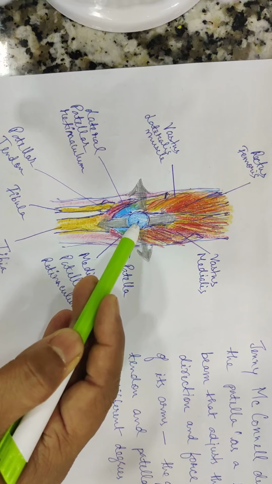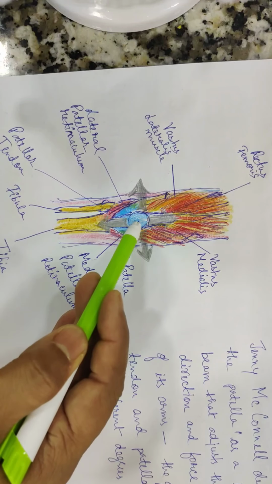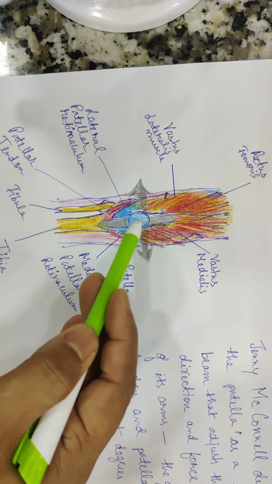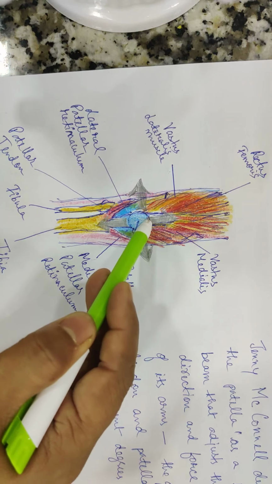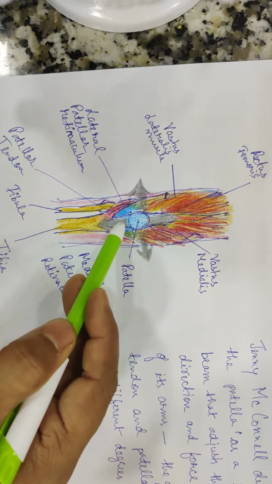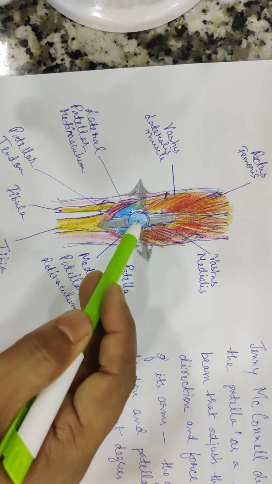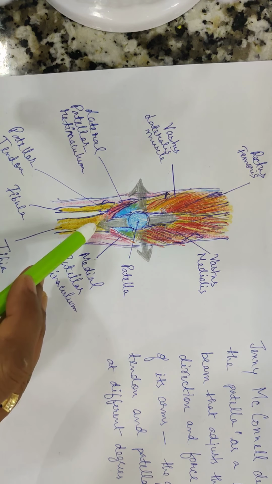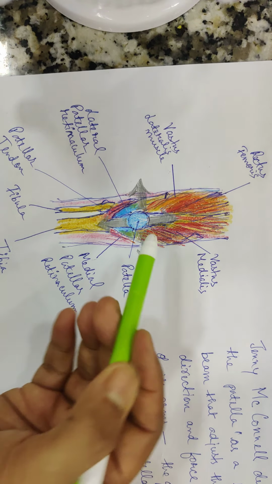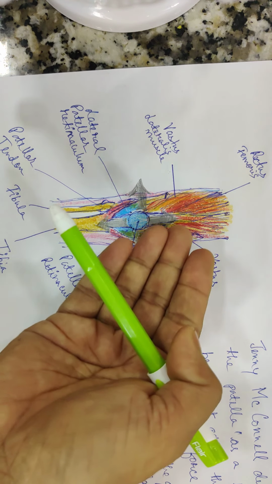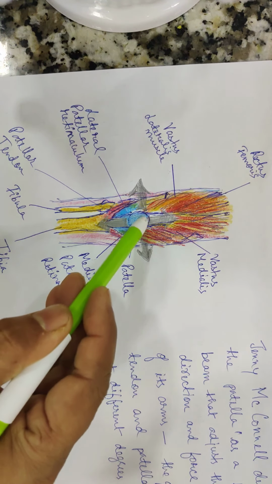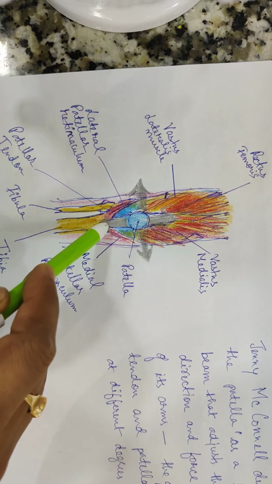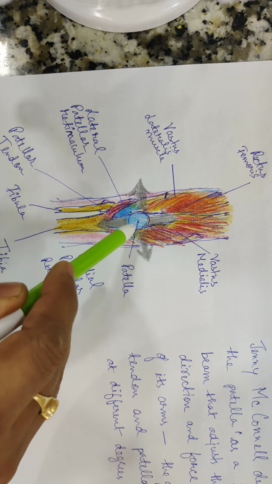The patella is a sesamoid bone that floats over this joint, and it runs down as the quadriceps tendon, and then as the patellar tendon and inserts into the tibial tuberosity here. So if we take this out, then you can see inside the patella is attached to this tendon, and it sits or floats over the joint.